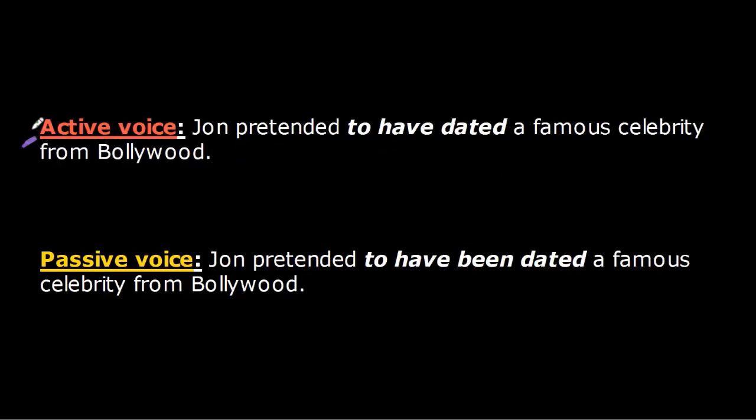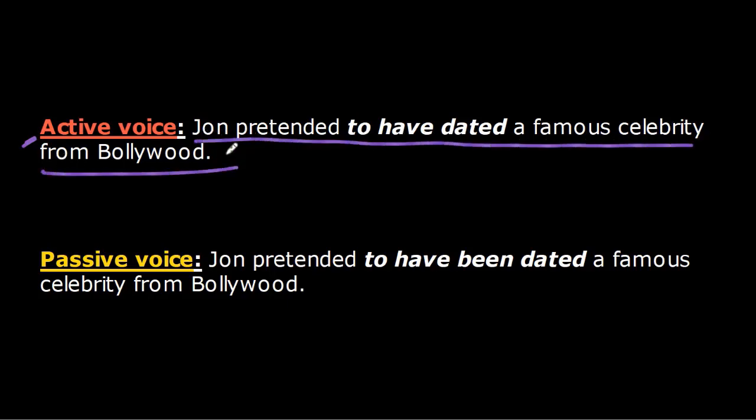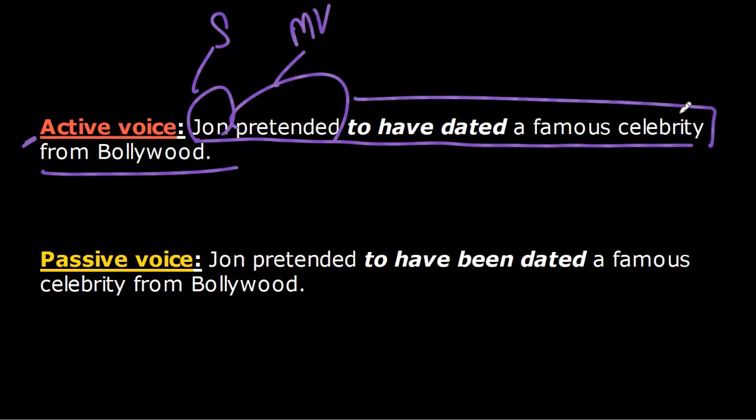Example number one, first in the active voice: John pretended to have dated a famous celebrity from Bollywood. So John is my subject, pretended is my main verb. Pretended what? To have dated a famous celebrity from Bollywood. This is my object, which is a perfect infinitive in the active voice, working as the object of the verb pretended.